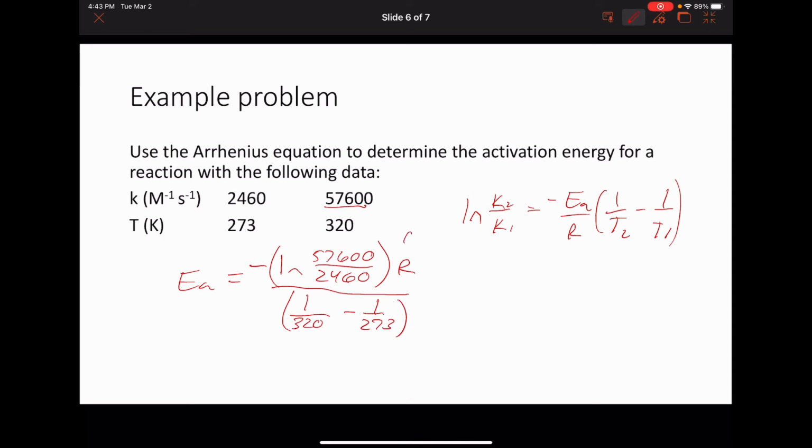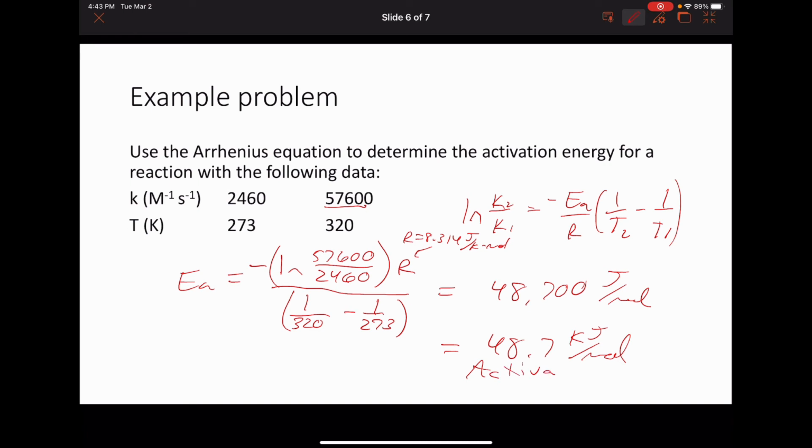And remember, R is 8.314 joules per Kelvin mole. I didn't write that out explicitly. We plug everything into our calculator and solve, and we get 48,700 joules per mole, or 48.7 kilojoules per mole. And that's our activation barrier.